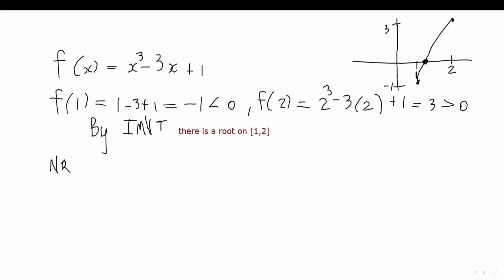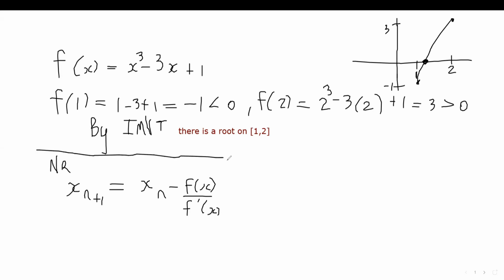Your approximated root x n plus 1 is equal to x n minus f of x n over f prime of x n. You have to remember this formula. This is the Newton-Raphson formula. You have to remember it, all right? All right, Marika? Yes, sir.